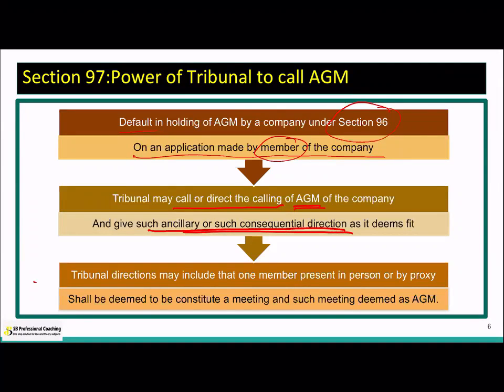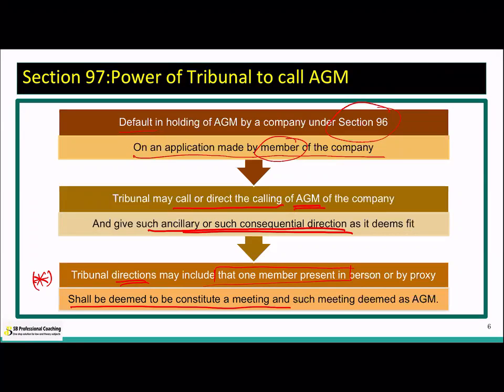Also, a point to be noted over here is that the tribunal may even give directions which may include that one person present shall also be deemed to constitute a meeting. I hope this point is also clear to you.